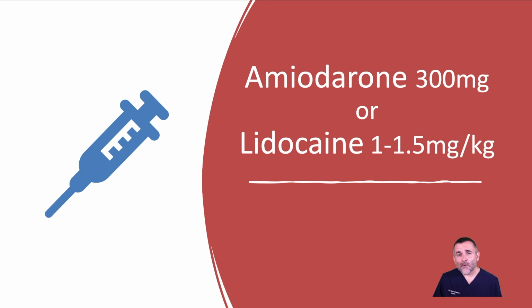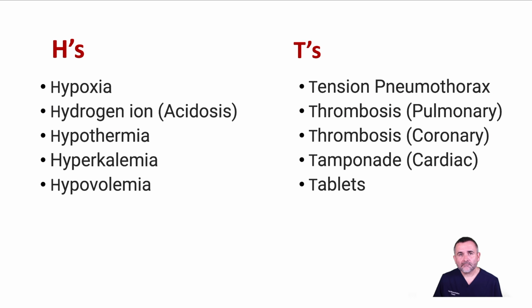In November 2022, in Chest Journal, Wagner et al. published a comparison again and found that lidocaine was associated with higher ROSC rates, 24-hour survival, survival to hospital discharge, and favorable neurological outcomes. In the 2025 AHA guidelines, you can use either amiodarone or lidocaine.